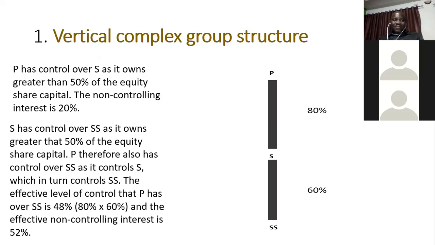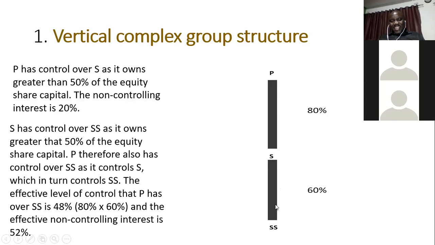So let's check. In this part, we have the parent company that bought 80% of the shares in the subsidiary company. The subsidiary company subsequently bought 60% of the shares in the sub-subsidiary. The fact that the parent company controls the child means that indirectly they control the grandchild.